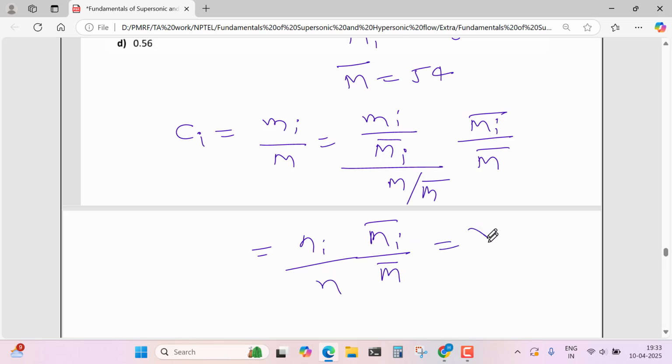So this is nothing but x_i m_i bar upon m bar.